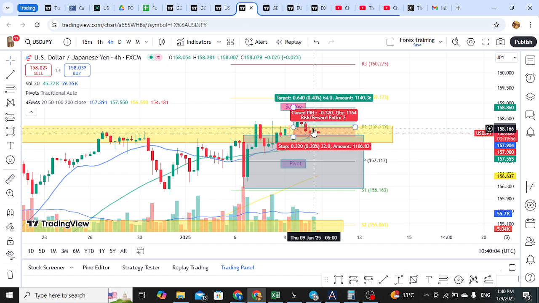Now again, I risk 1% in this one. The RRR is 2-to-1, which is risking 1% and profiting 2%.